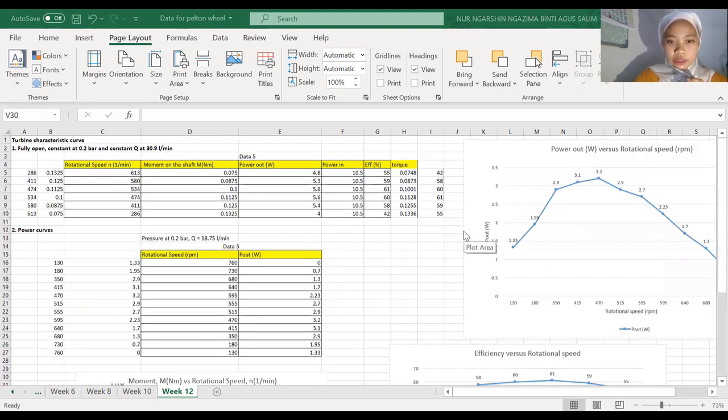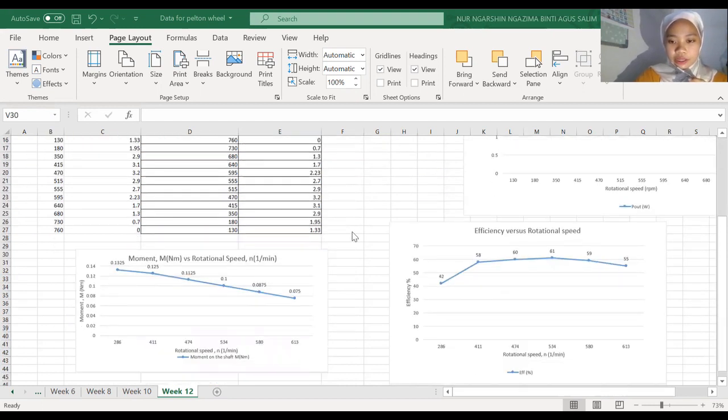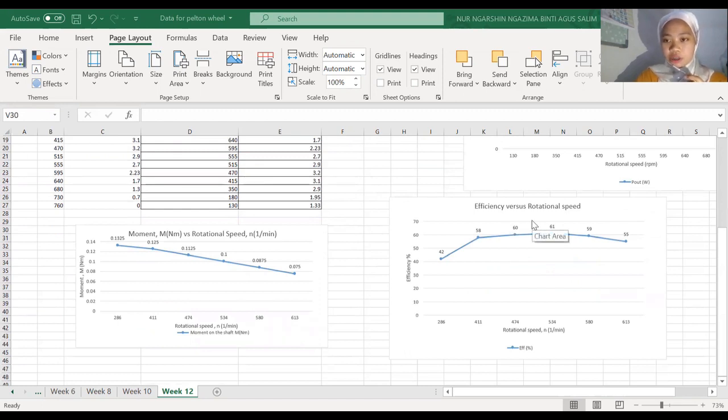For the second graph, I also take the data from the first data set. So I get the efficiency versus rotational speed.